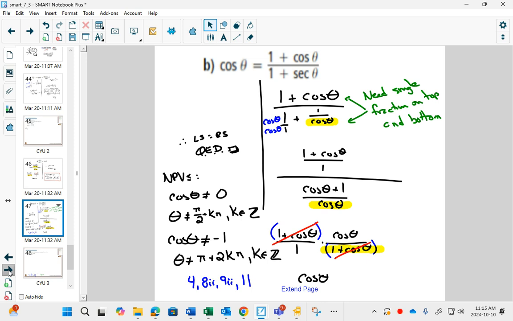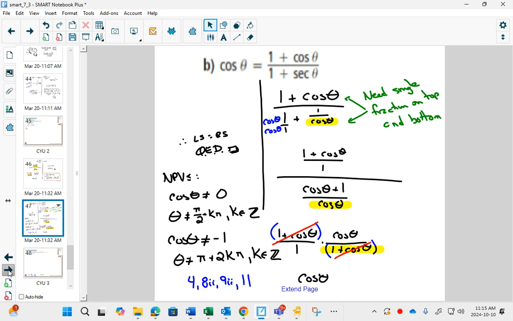The top, 1 plus cos theta, you can make that a single fraction by just writing 1 plus cos theta over 1, because it technically does have a common denominator of 1. The bottom, we need a common denominator in order to add, and once I get that common denominator of cos theta, on the bottom I get cos theta plus 1 over cos theta.